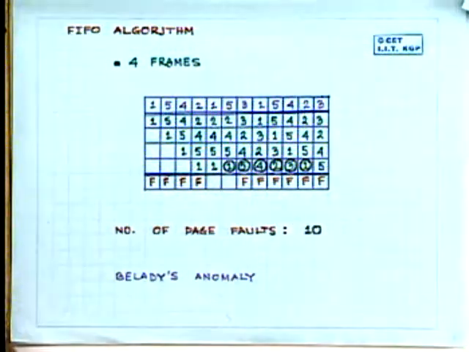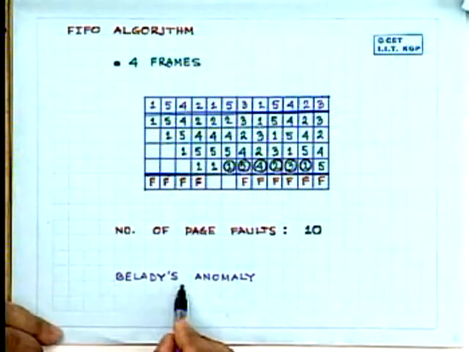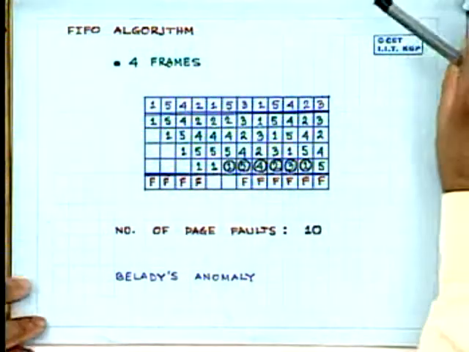The anomaly is that when you increase the number of frames allocated to a process, increase the memory size, the number of page faults increases, which should have decreased. This was noticed and reported, and that is one important aspect of the FIFO algorithm.